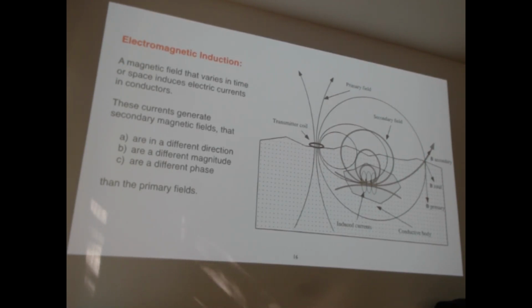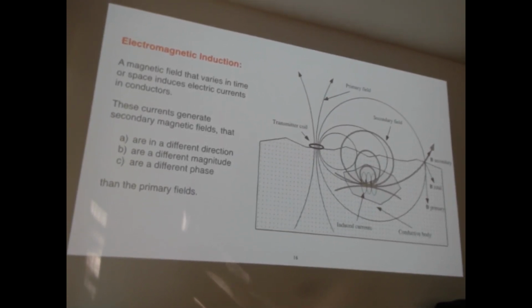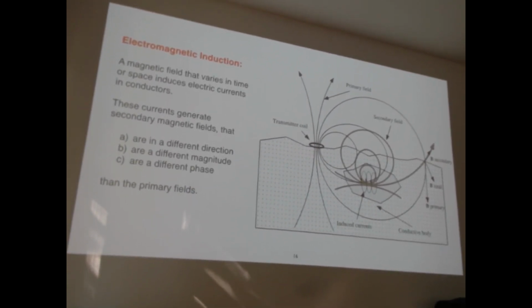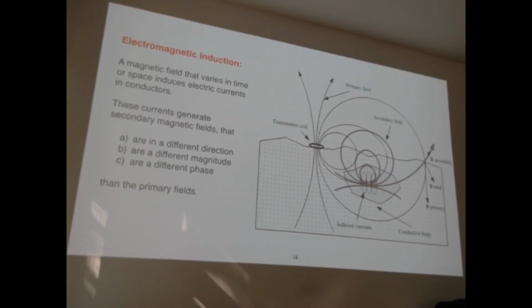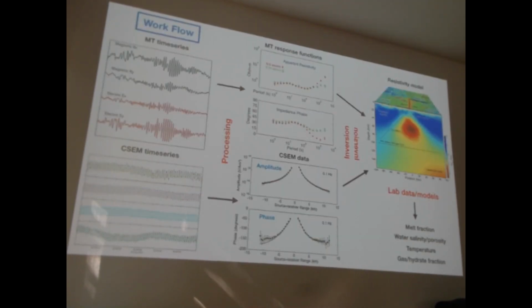They're a different size, a lot smaller than the primary field. And they're also a different phase; they're out of phase with the transmitted signal. So if you measure any of these things, the direction, the size, or the phase, you can learn something about the underground conductivity structure. And there are methods that do all of these in different ways.